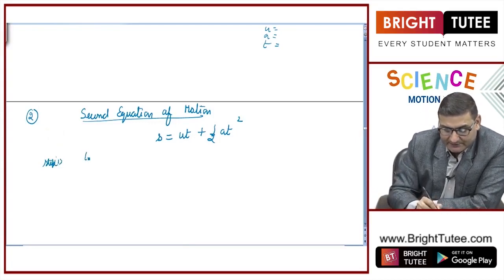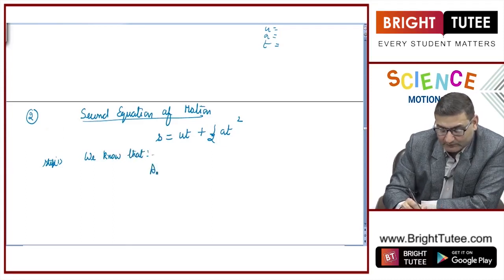We will start the derivation from this formula that we know, that is average velocity.